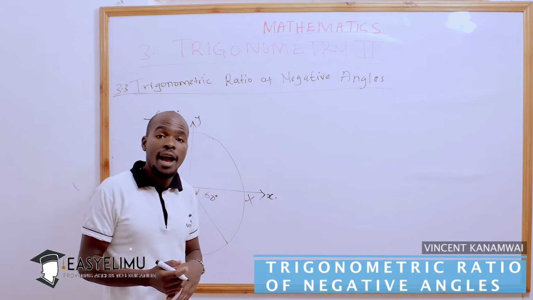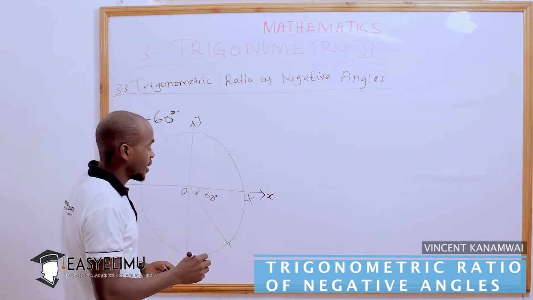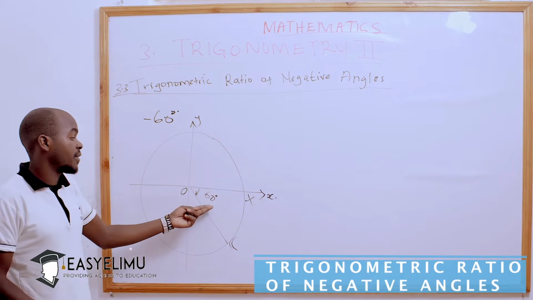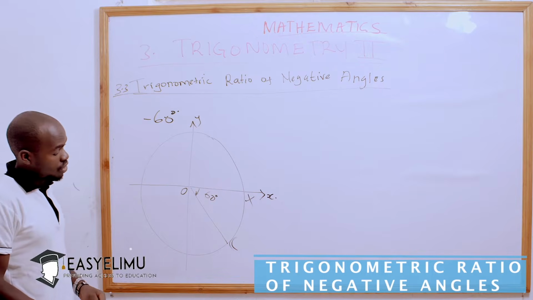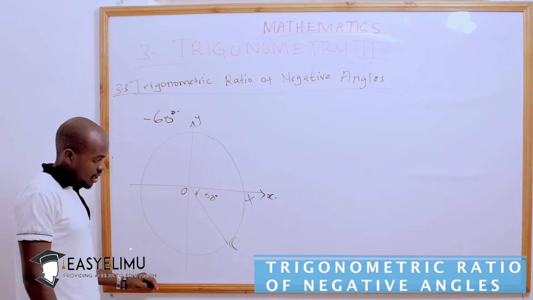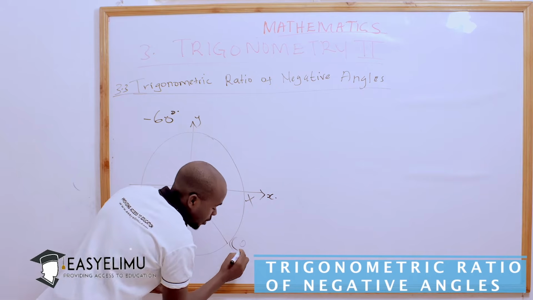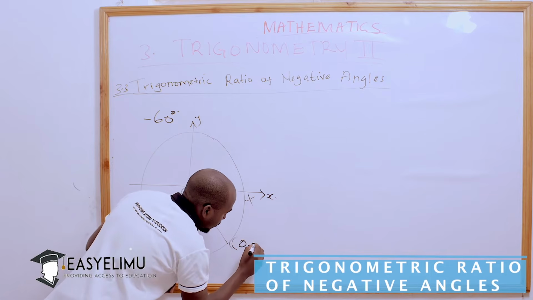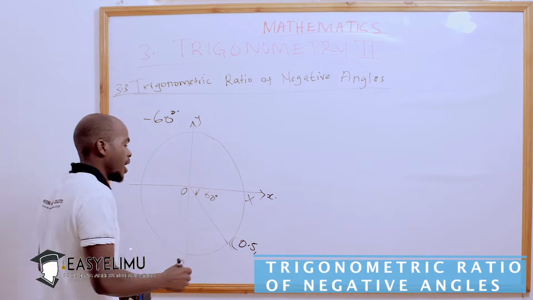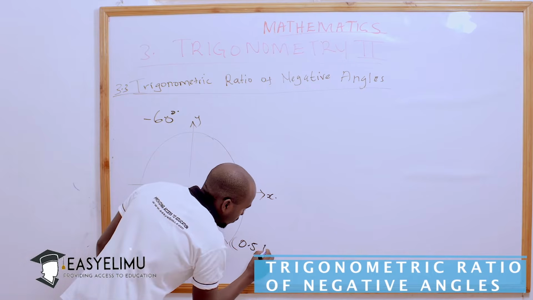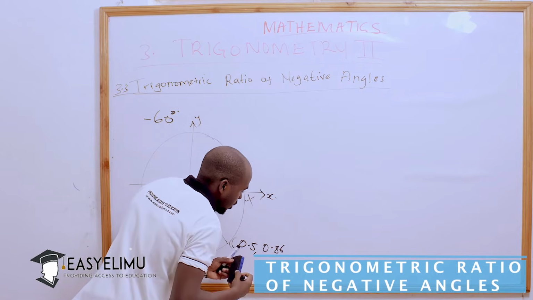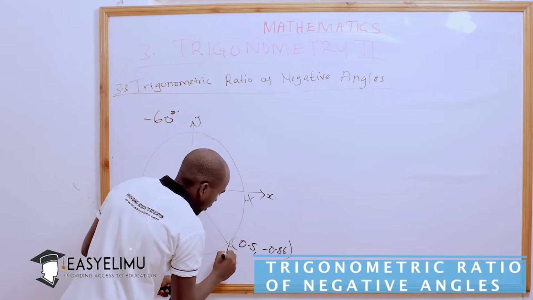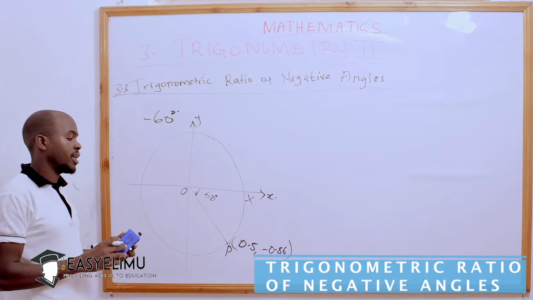So if we find the coordinates of this point on a Cartesian plane, the coordinates of this 60 degrees, you will find that it's going to give you 0.5 and another value, negative 0.86, if this is point P where the angle touches the line.